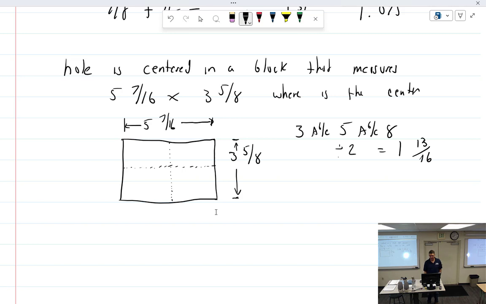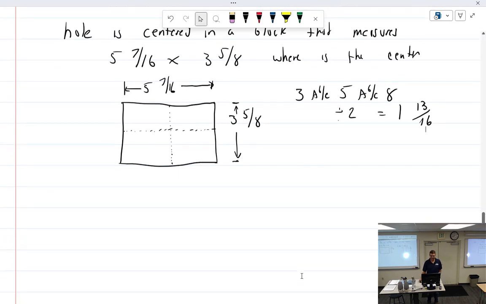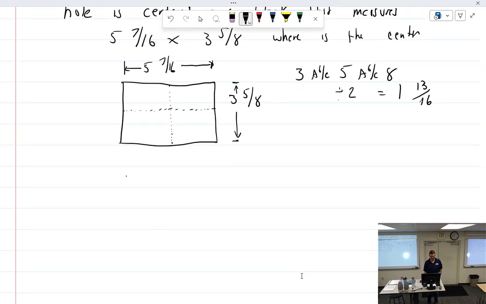Sounds good so far. How about the other side? 5 ABC 7 ABC 16 divided by 2 equals 2 and 15/16. Let me check that. Everybody else get that?